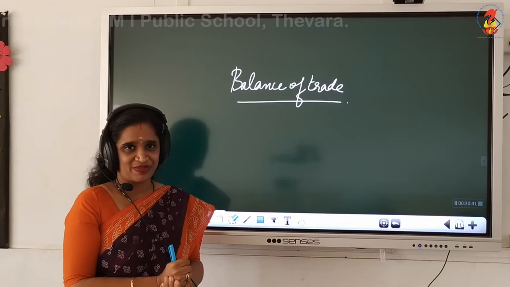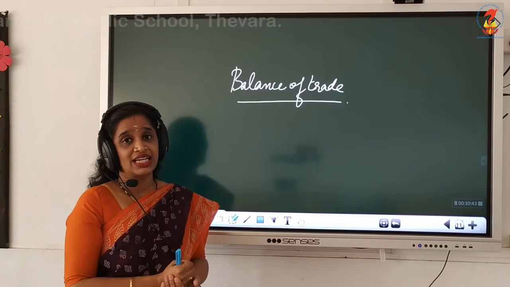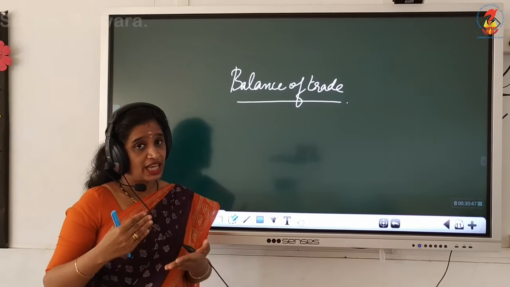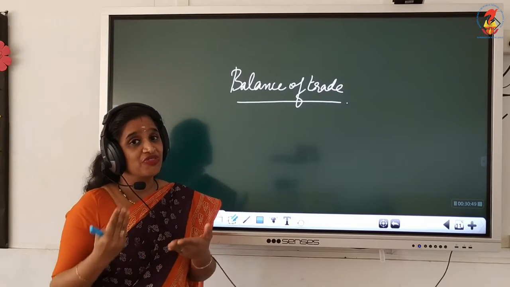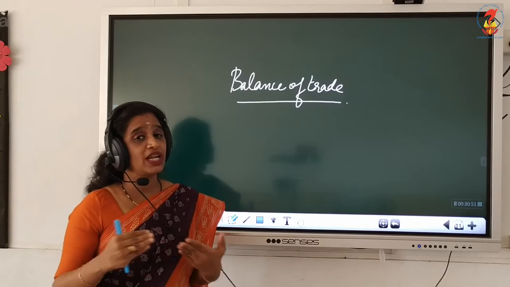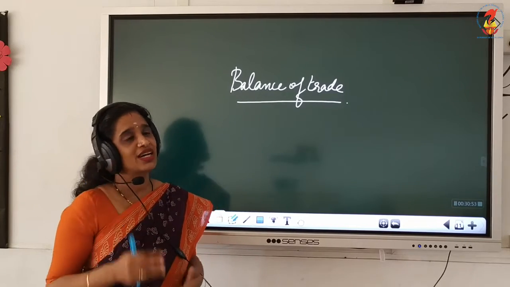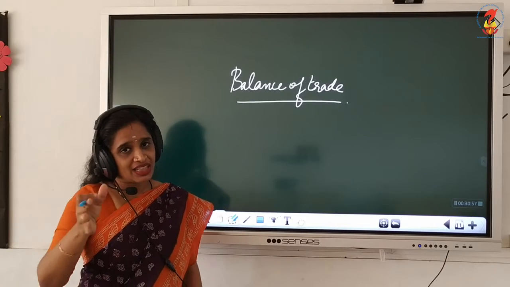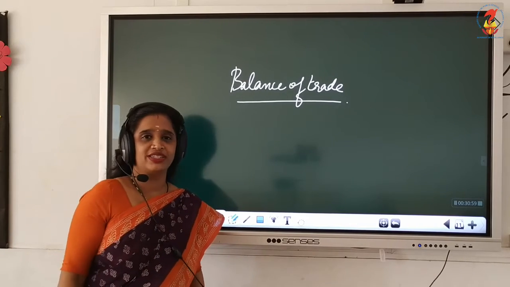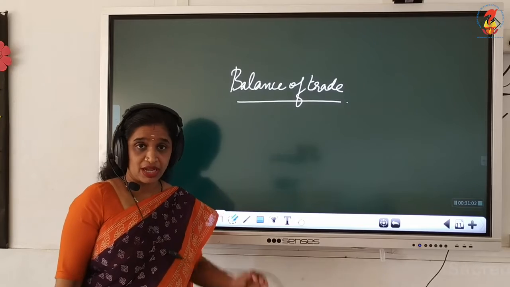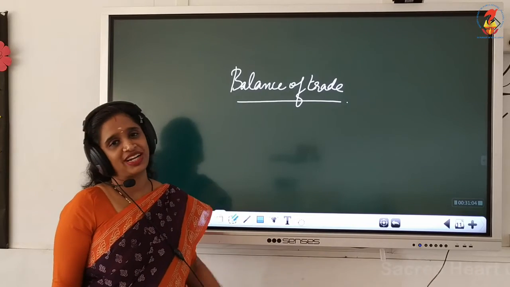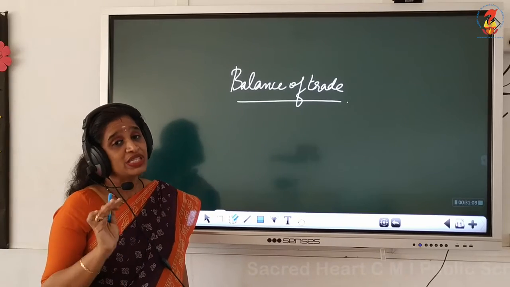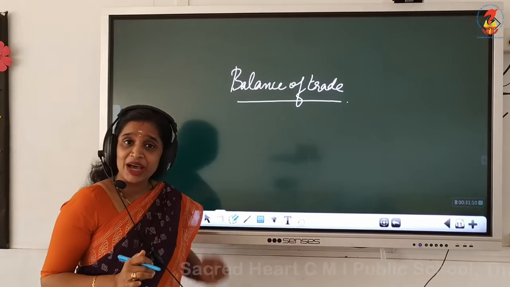That is goods. This is known as balance of trade. The export and import of goods comes under the balance of trade. So the first component of balance of payment, that is visible items, comes under balance of trade.